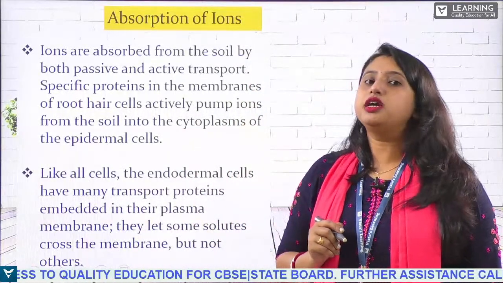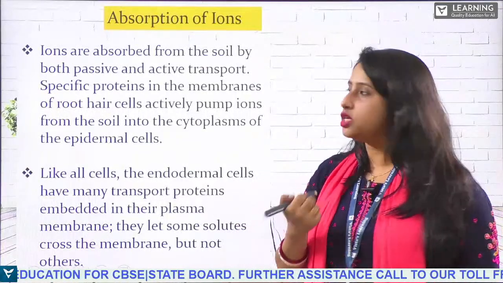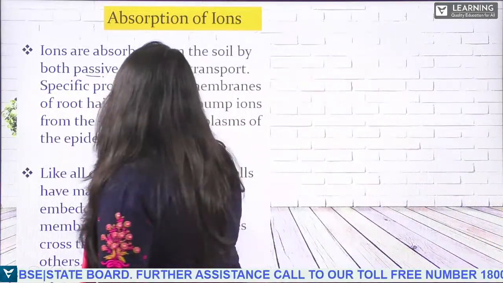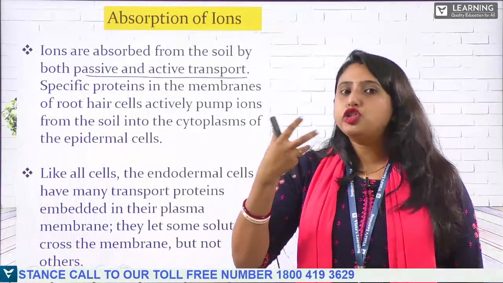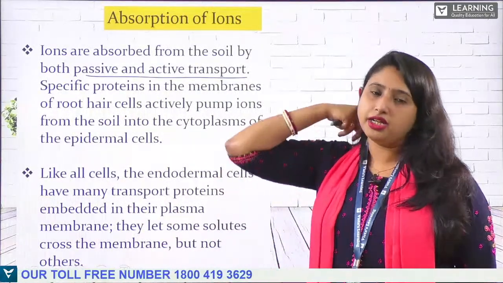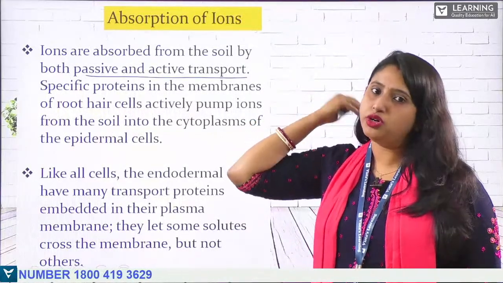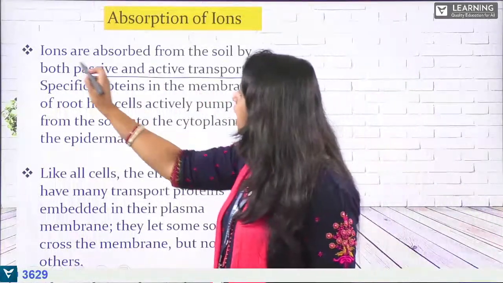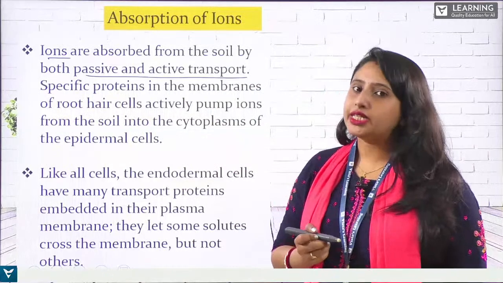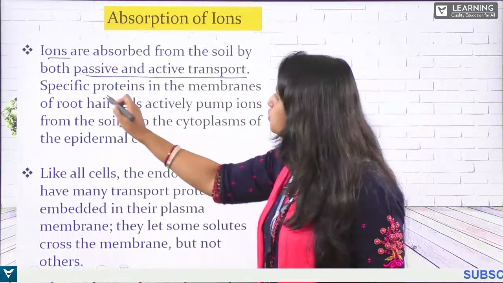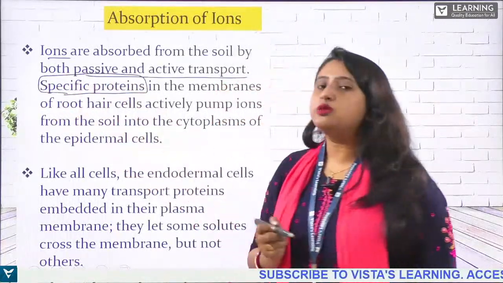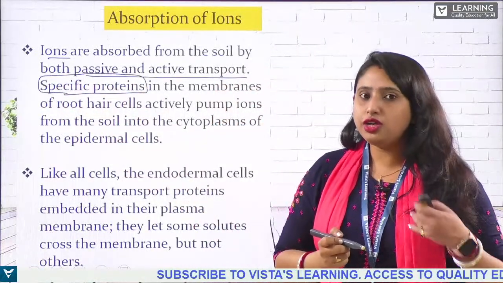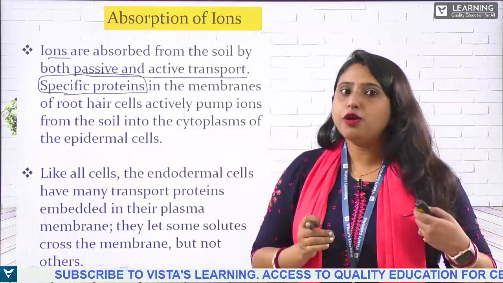Now, absorption of ions. How are the ions absorbed by the roots? Both passive and active transport are involved. So ions are absorbed by both active and passive transport. There are also some specific proteins, as we have learned, like porins.